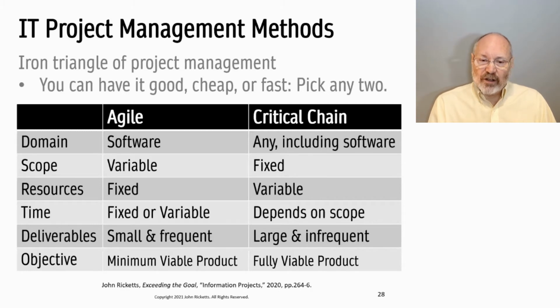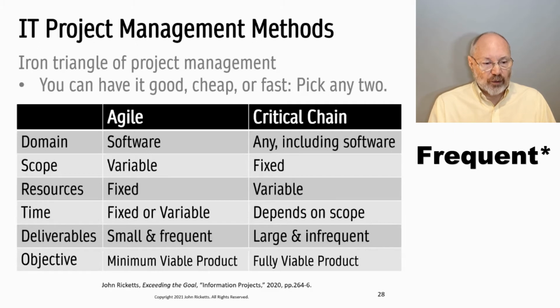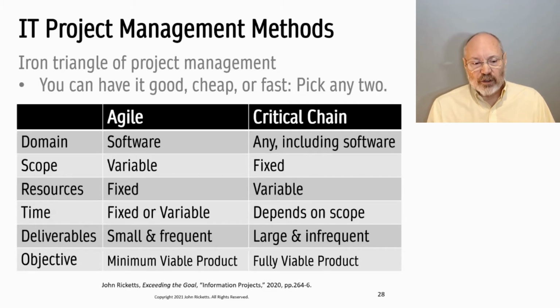But no matter which Agile method you use, the deliverables are small and infrequent. And oftentimes the objective is to create a minimum viable product and to do it quickly. So Agile implements an 80-20 rule, meaning 20% of the requirements for any system may account for up to 80% of the value that system delivers.